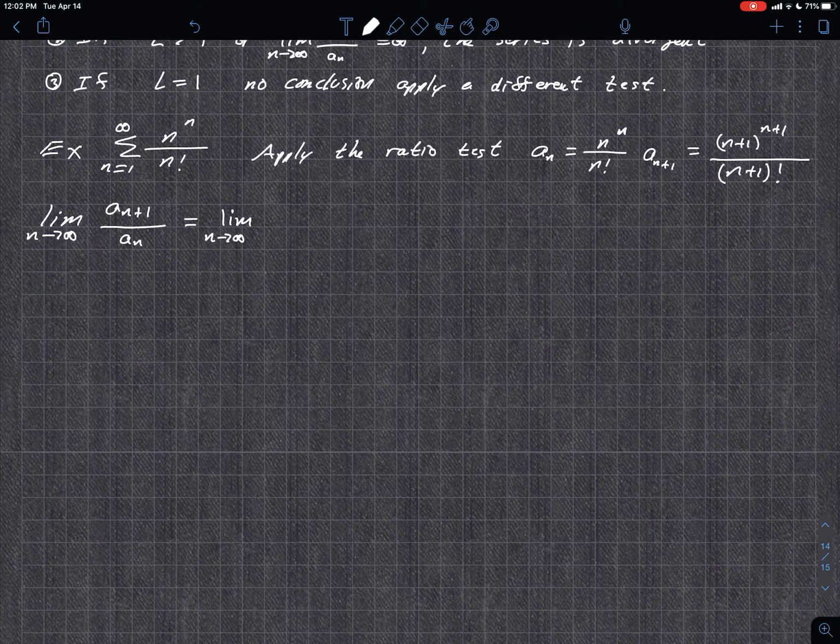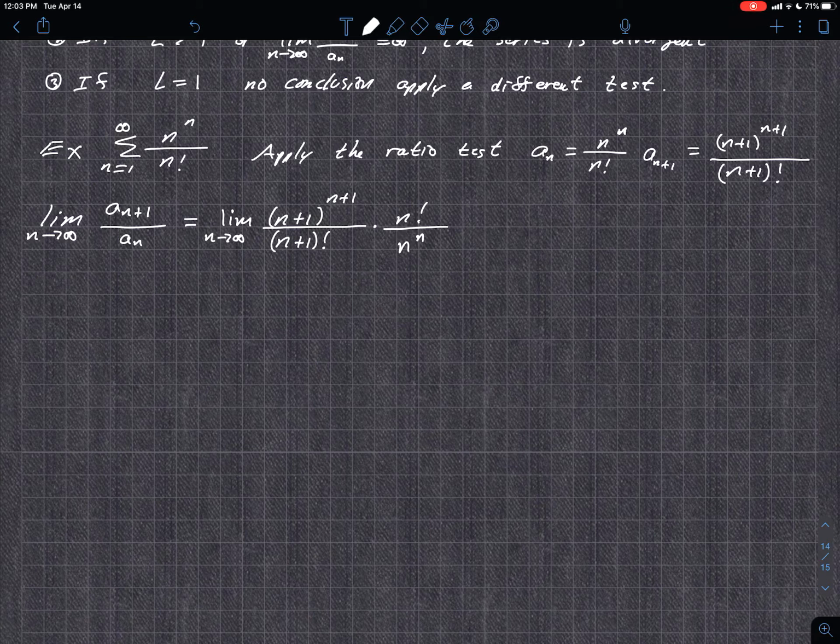So what we're going to do is invert and multiply. This will be n plus 1 raised to the n plus 1 over n plus 1 factorial, times n factorial over n to the n. And so we want to simplify that down quite a bit.